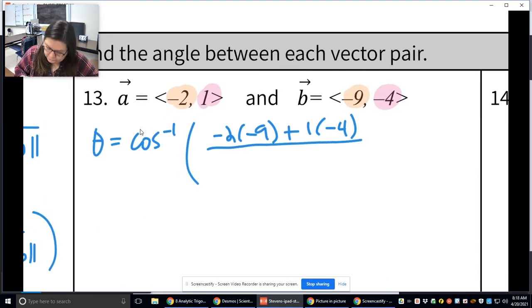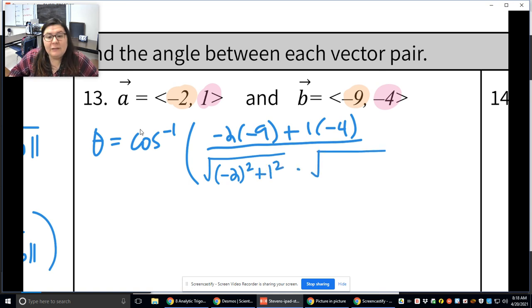Magnitude is the one with the square root. So magnitude of A, I'm just looking at A right now, is square root of -2 squared plus 1 squared, and then times magnitude of B, -9 squared plus -4 squared.